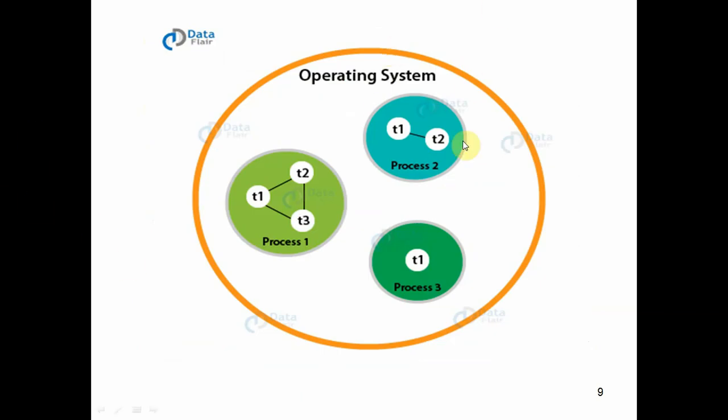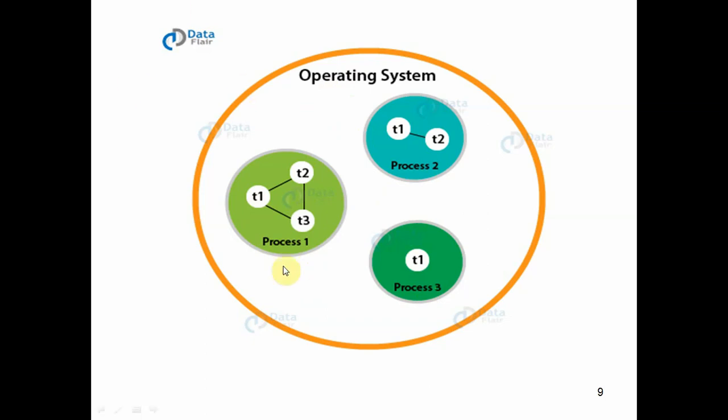Diagrammatically, the operating system supports multitasking or multiprocessing like this. In this, a total of 3 processes are there: process 1, process 2, process 3. If we execute these 3 processes at a time, that is referred to as multiprocessing.